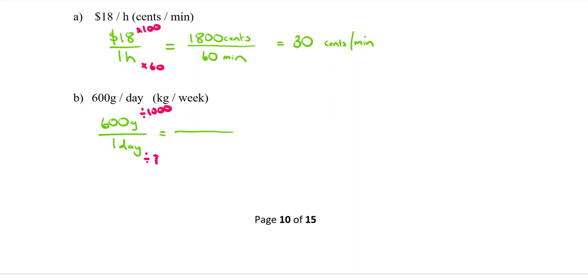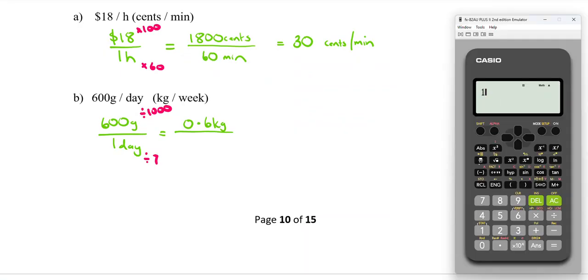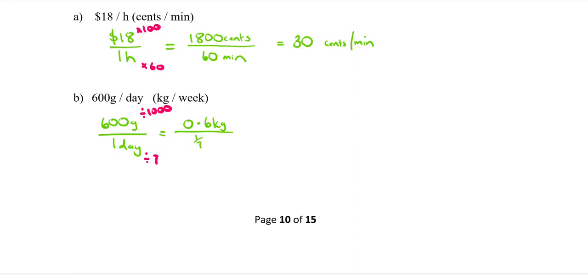We don't need a calculator for the top one: 600 divided by 1,000 is 0.6 kilograms. The 1 day is a little bit trickier because if you go 1 divided by 7, you either get a fraction or a pretty nasty decimal. So it's probably better to leave it as the fraction. And so we have 1/7 of a week on the bottom of the fraction there.